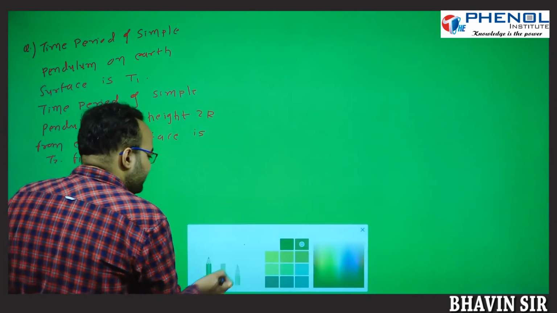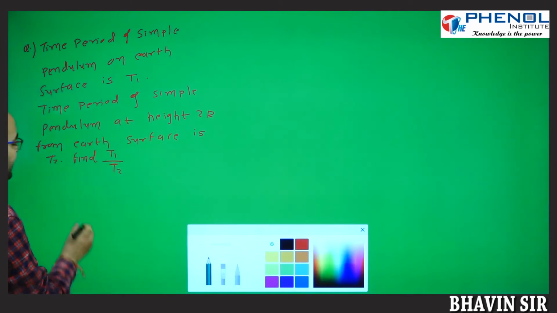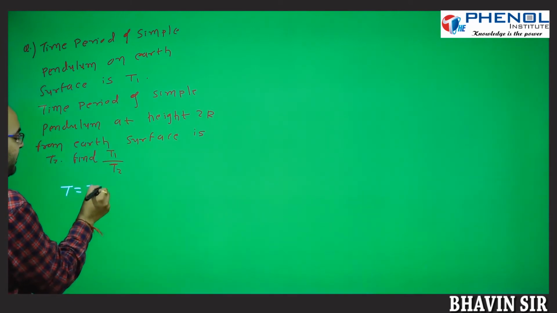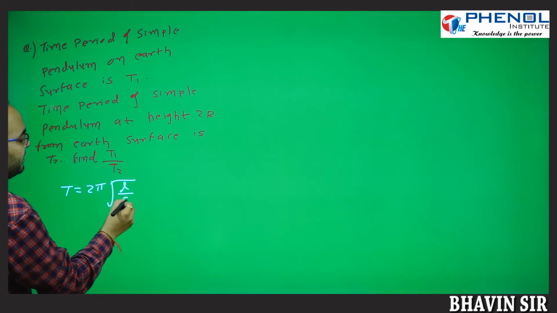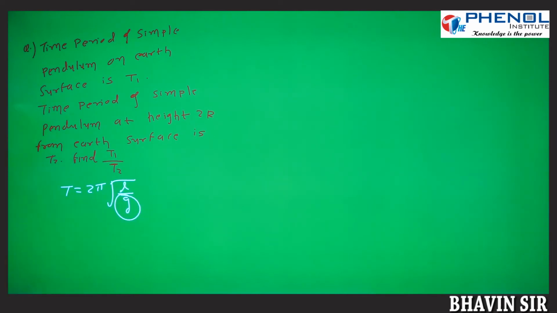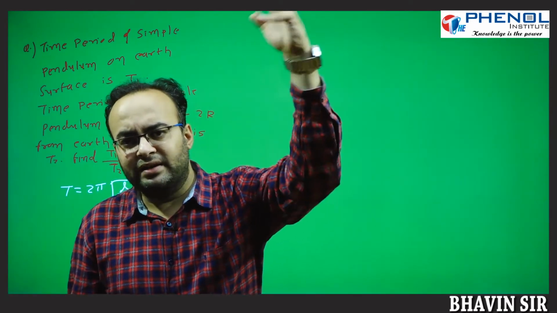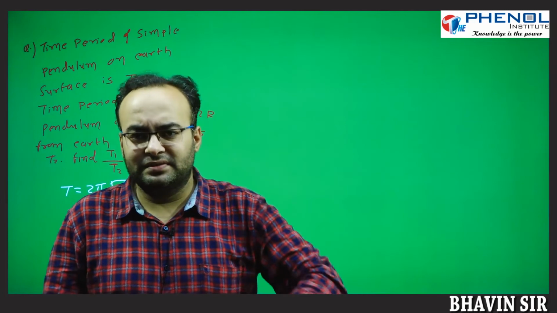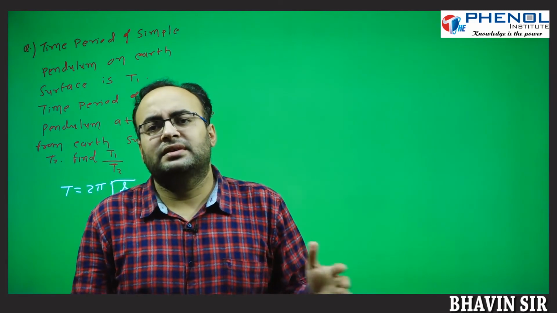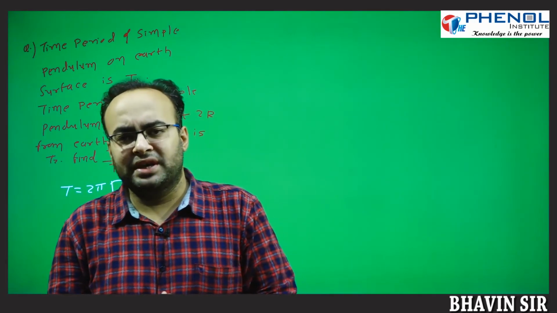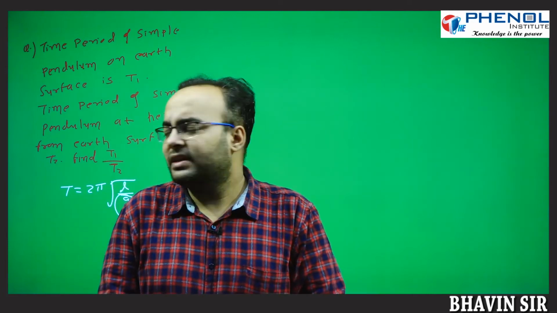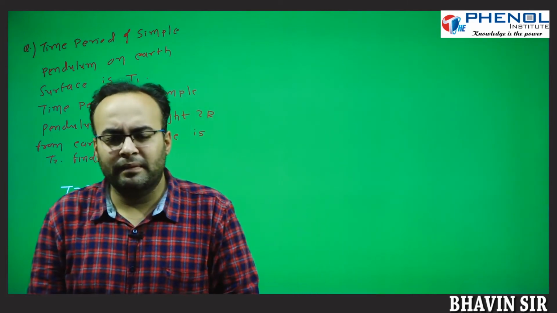So students, here we consider two cases. First, see students, here g is changed, because when we are on earth surface, then g is different. When we are at some height, then gravitational acceleration is different. So here gravitational acceleration is changed, so we can say that time period is changed, right?